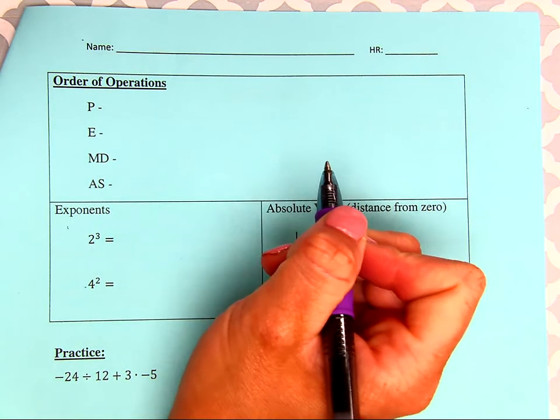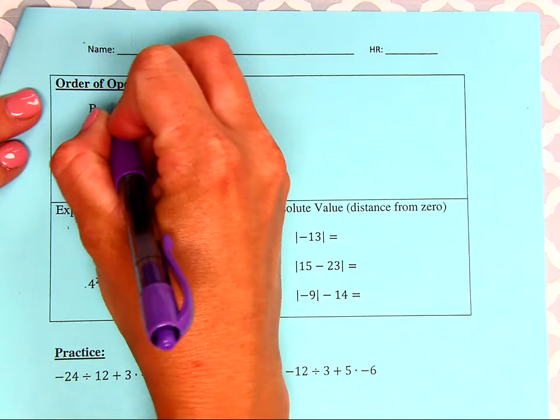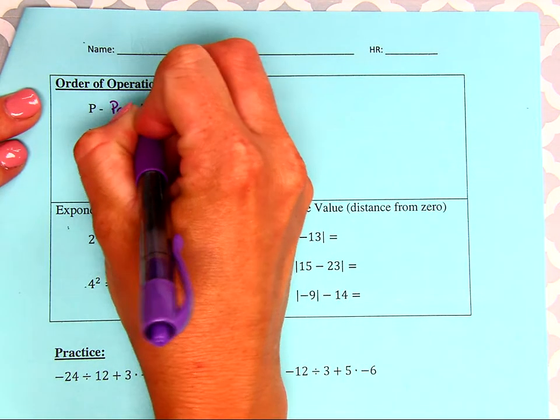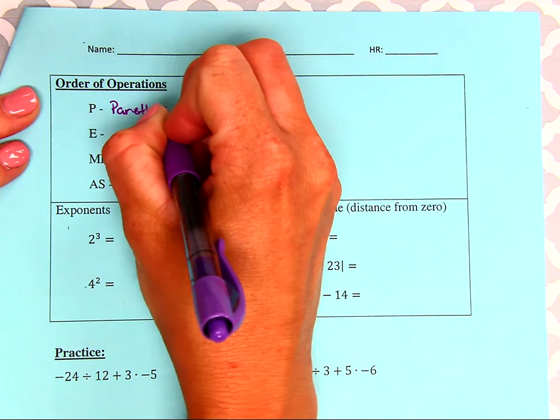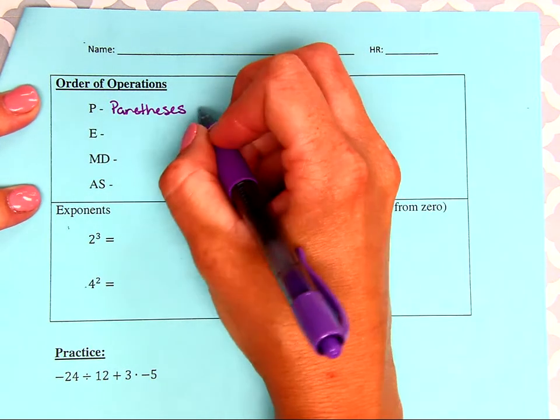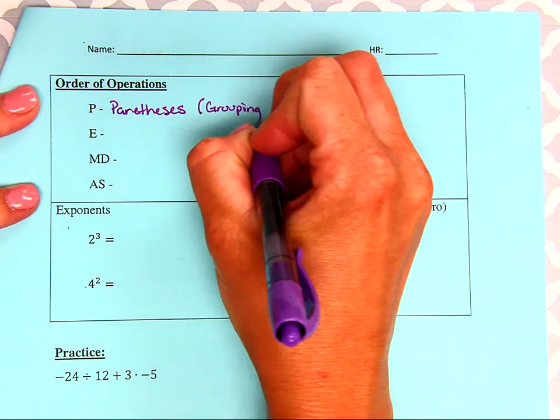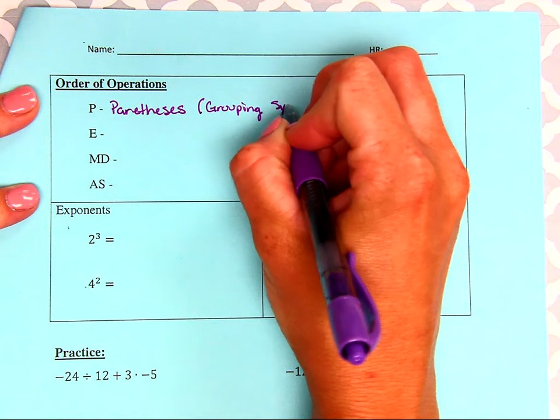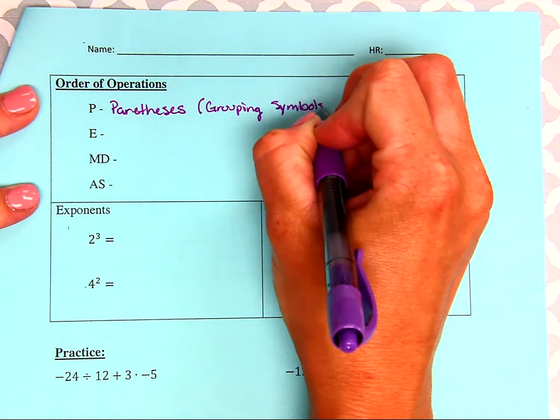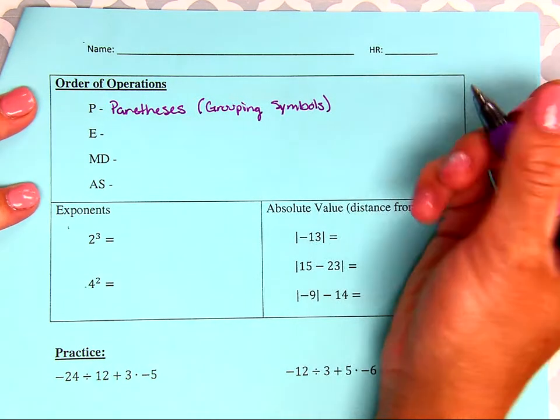All right, so the P stands for parentheses. And oftentimes you can call these grouping symbols too. It's not necessarily just parentheses, but parentheses kind of includes most of them.